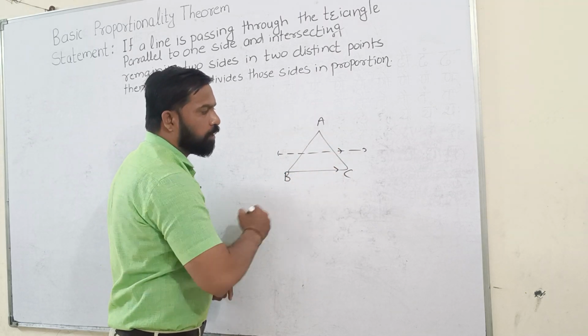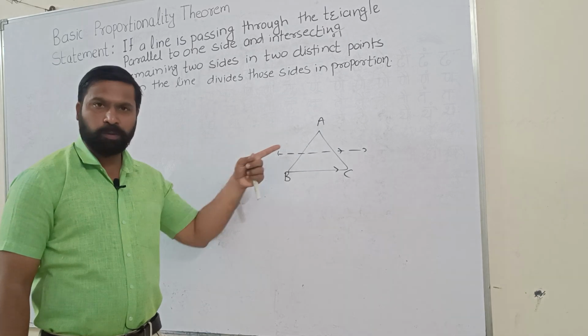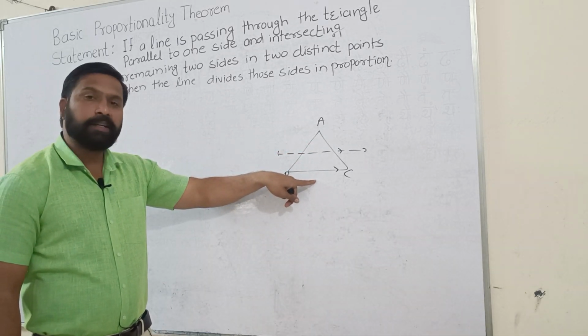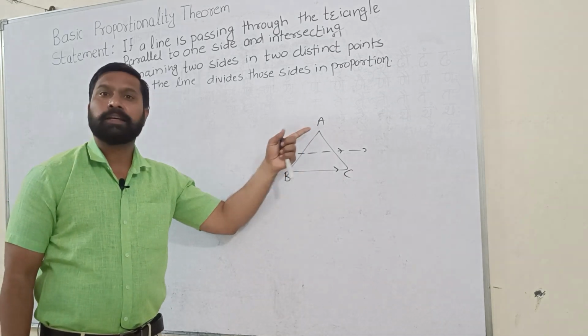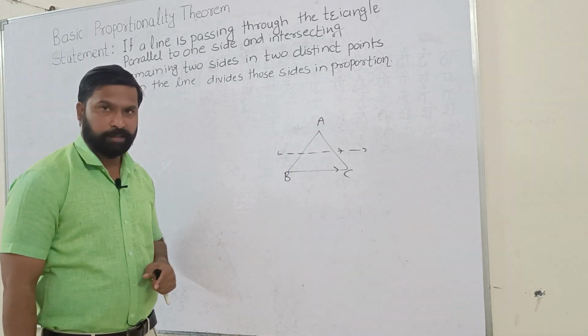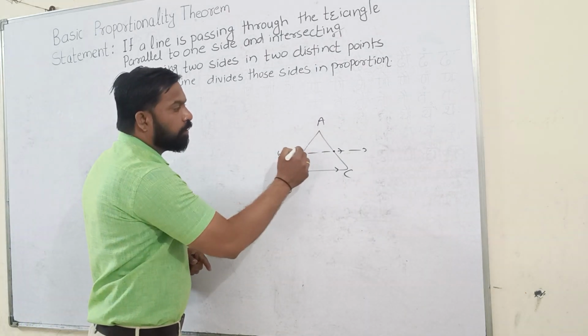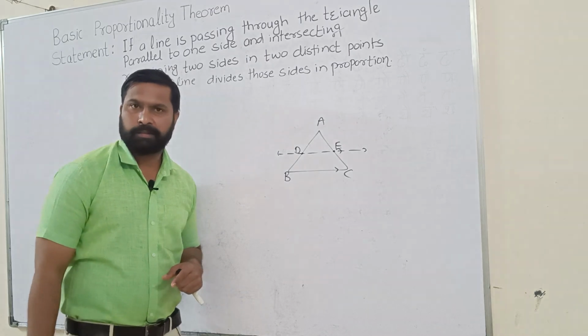So I am showing it parallel to BC. If the line is passing through the triangle parallel to one side and intersecting the remaining two sides in two distinct points, let those points be D and E.